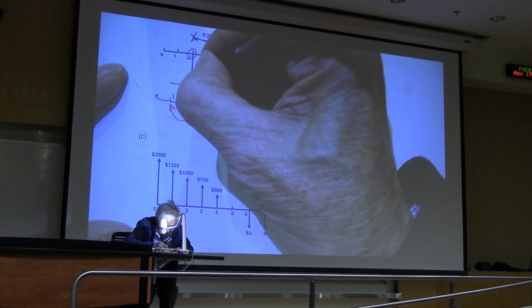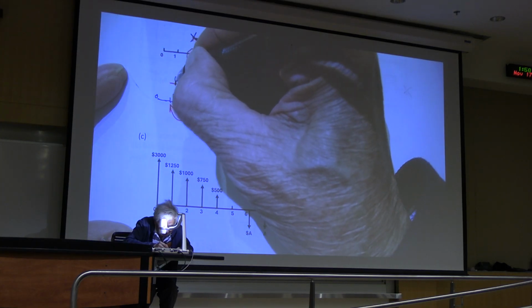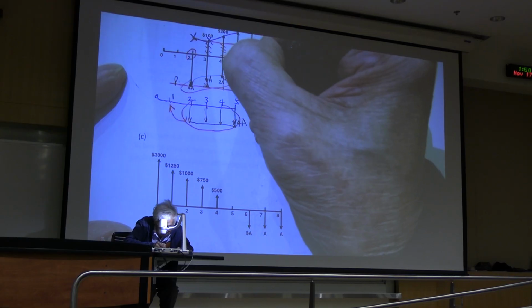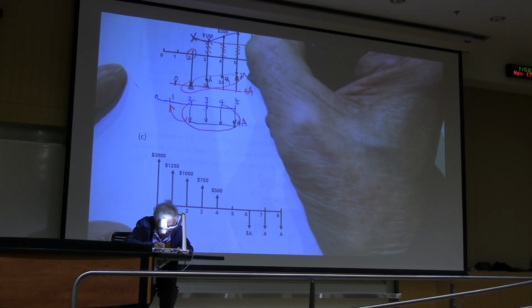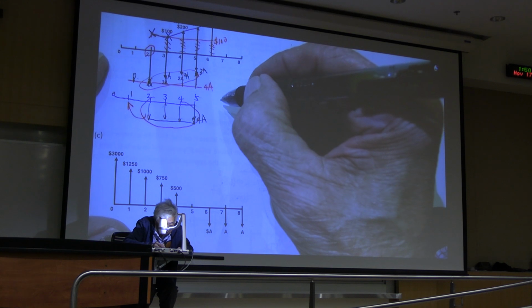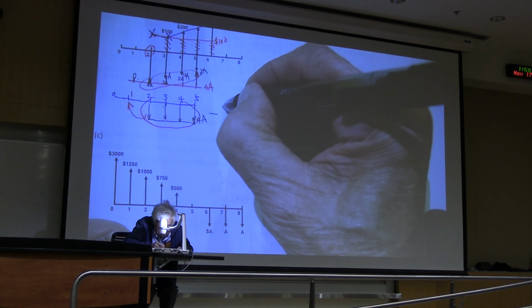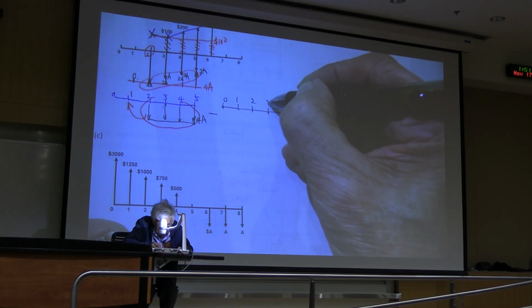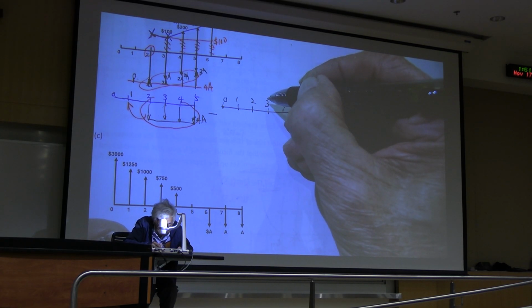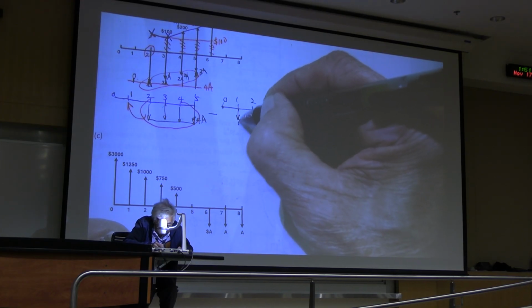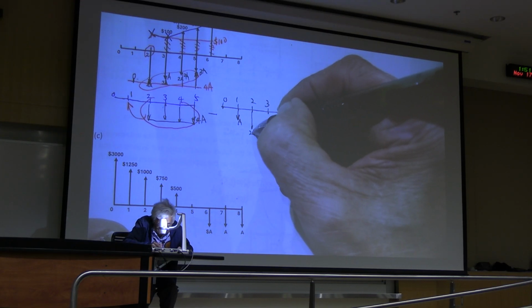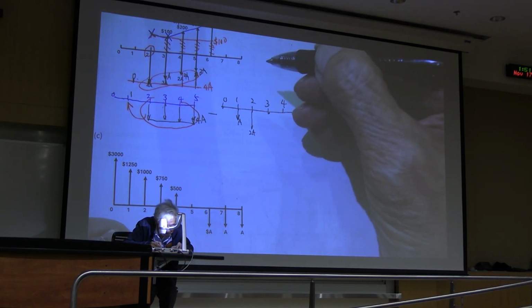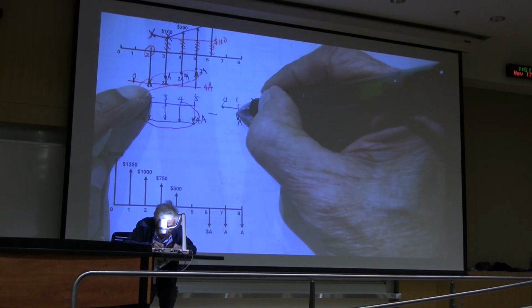How about this? You look at this: 0, 0, this is A, 2A, 3A. So, minus 0, 1, 2, 3, 4. A, 2A. No, wait a minute.